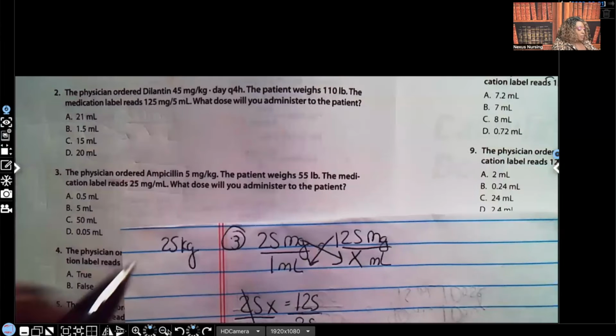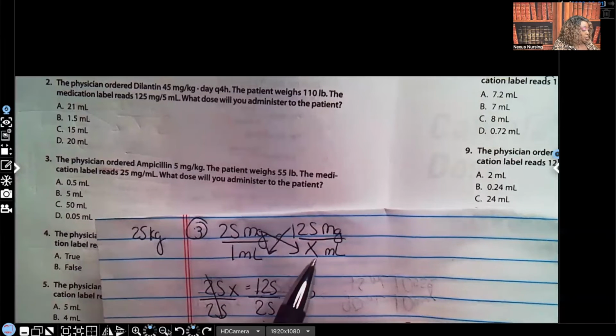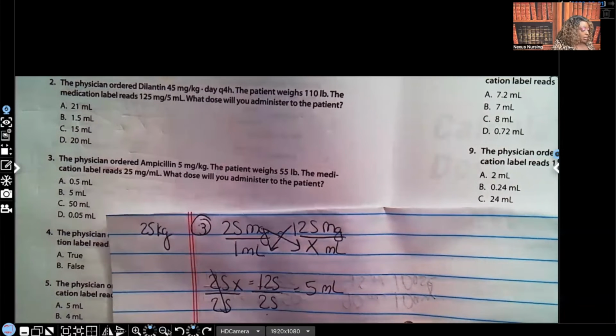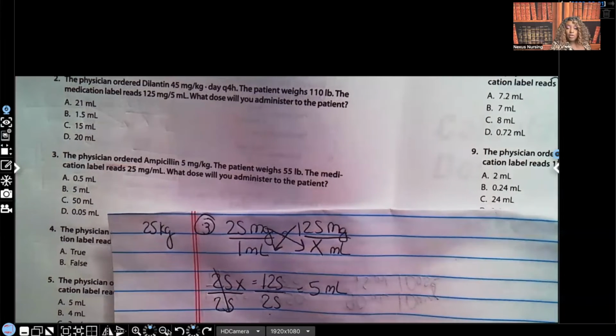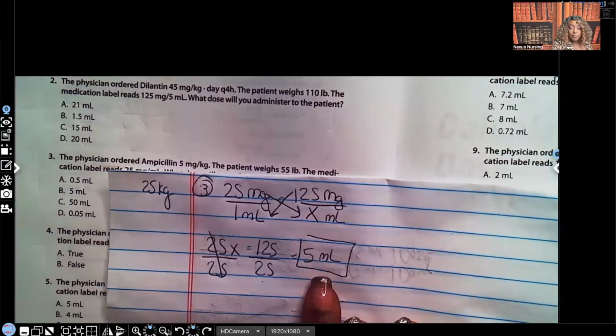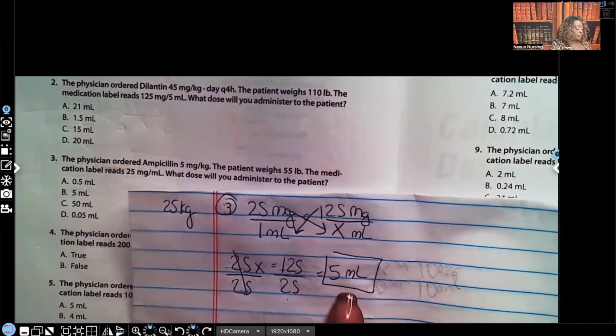There you go. 5, right? So my answer is 5. 5 what? We're solving for X. 5 mLs. Let me make sure I'm right. Number 3. Yep. There you go. 5 mLs. Okay, let's do number 4.